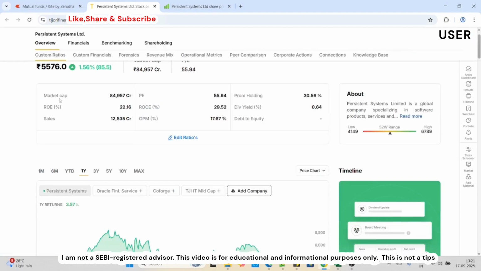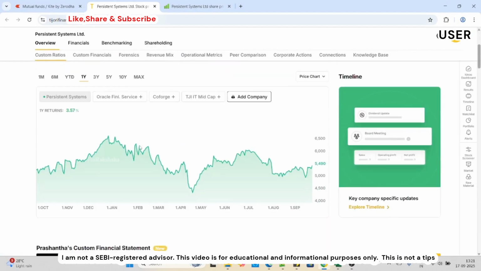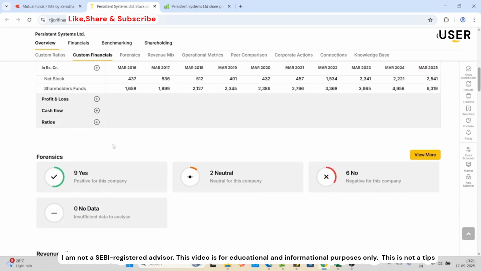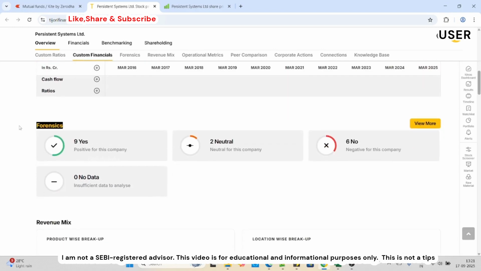You can check the PE ratio, PB ratio, everything, and the graph comparison too. One good thing in Tijori is custom financial statements, and that a lot of big market players are giving suggestions on whether to pick the stock or not. You can get these details.